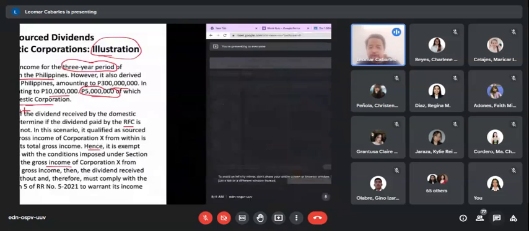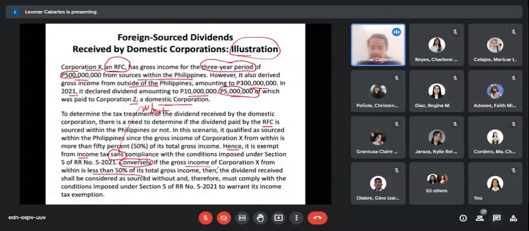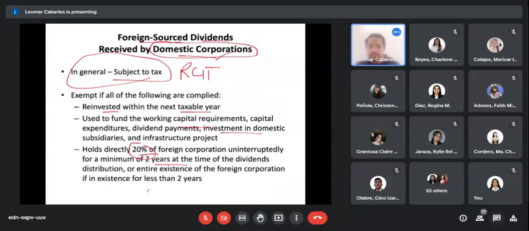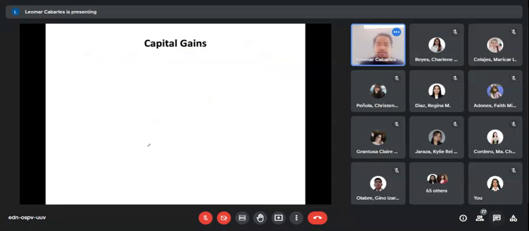Kung gano'n ang situation, the dividend received shall be considered as sourced without. And therefore, para ma-comply, para maging exempt, it must comply with the conditions. No? Itong na-discuss natin dito. For investment, okay? And the domestic corp holds 20% doon sa foreign corporation. Okay? So that's for passive income.